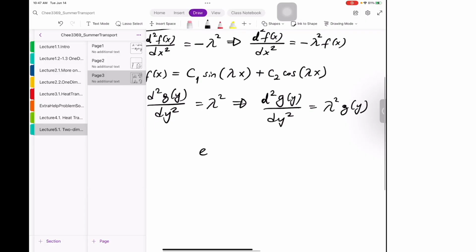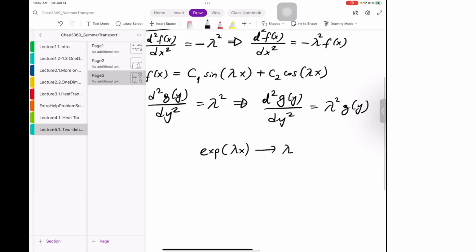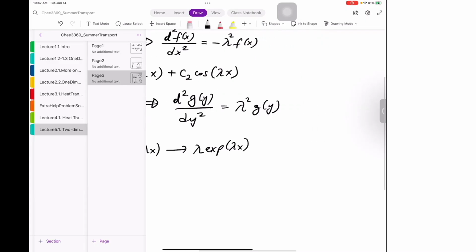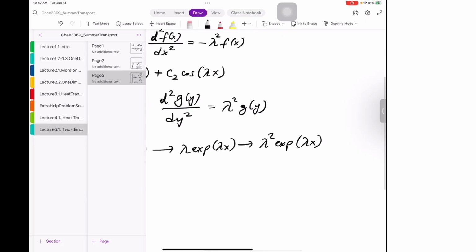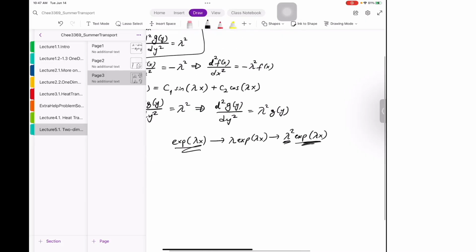So for example, if you have exponential lambda x, the derivative of exponential lambda x is lambda exponential lambda x, and the second derivative will be lambda squared exponential lambda x. So you basically recover the original function, but with a lambda squared constant in front. Similarly, exponential minus lambda x also solves the equation.